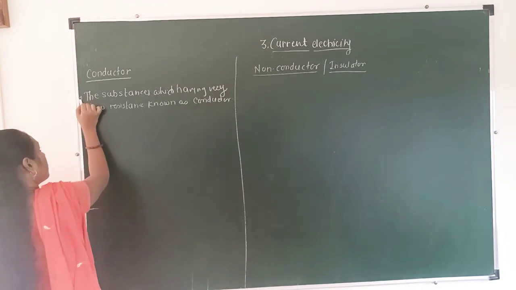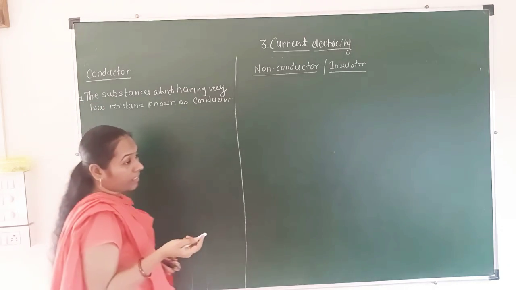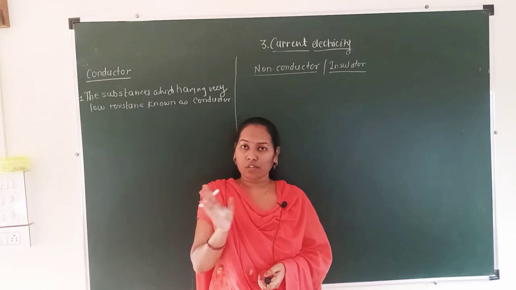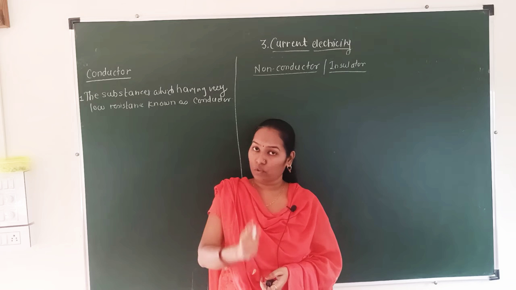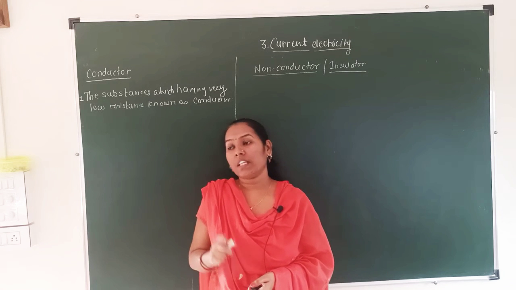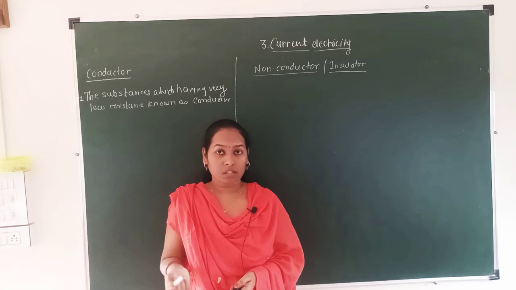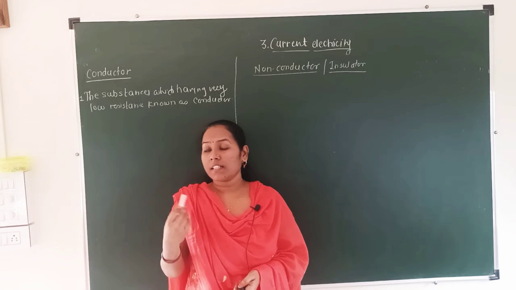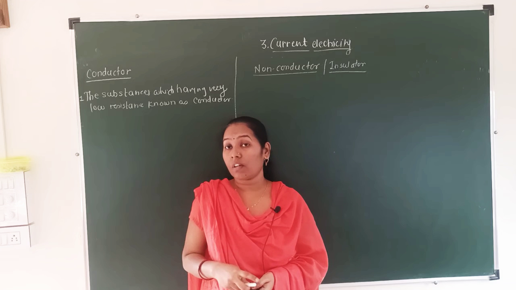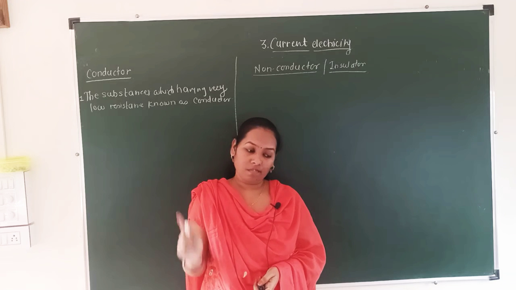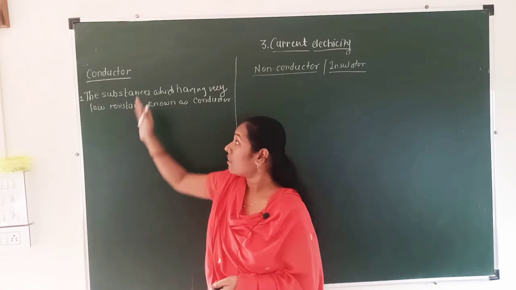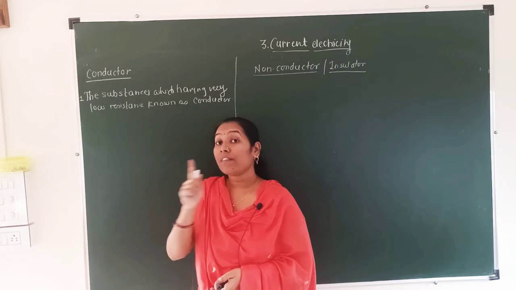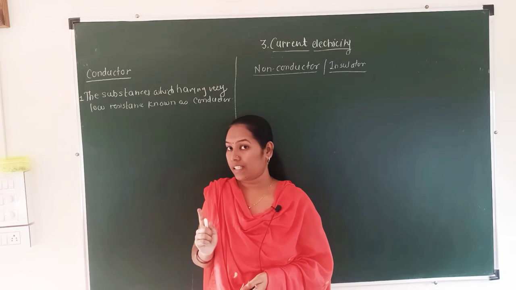Okay, this is the first point. What can we say about the conductor? Current flows through the two ends of the conductor. Why is it flowing? Current flows because of the electrons. When the free electrons start flowing from one end to the other, in such a case, free electrons are present in the conductor.